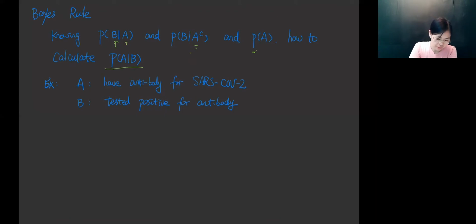Just to have a concrete idea of what this is, consider the example that we talked about before. Now, suppose A is have antibody for the SARS-CoV-2 virus.